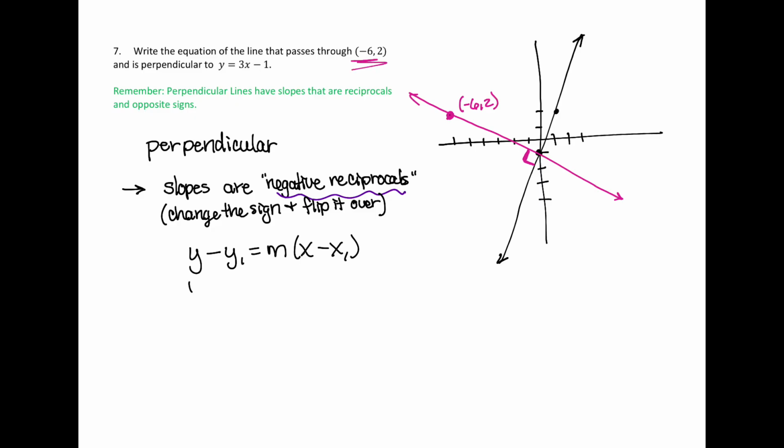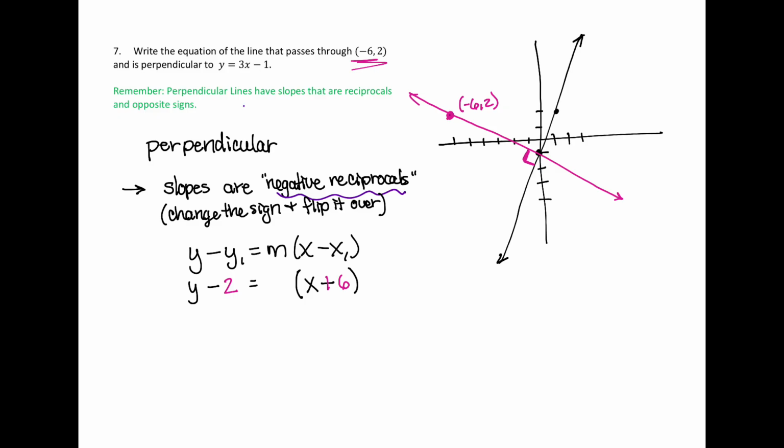So we're going to do y minus the y value, which is 2, is equal to, I'm going to come back to the slope, slope times x minus the x value, which is negative 6, so it makes it add 6. Okay, slope.